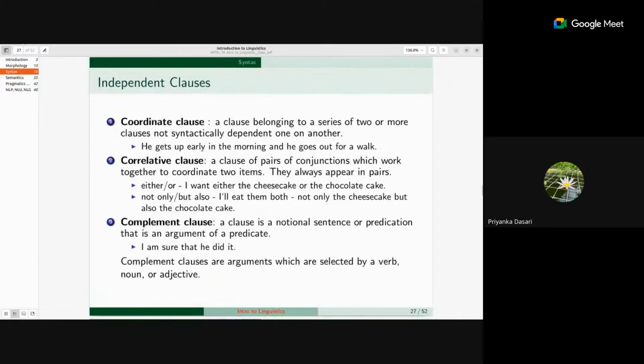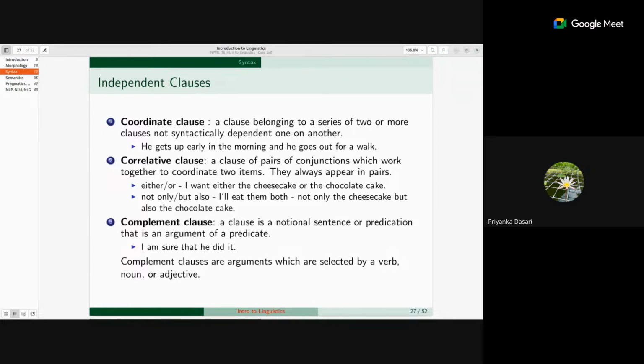Independent clauses are of three types: coordinate clause, correlative clause, and complement clause. Coordinate clauses are not syntactically dependent. Correlative clauses are constructed using conjunctions like either-or, not only-but also.